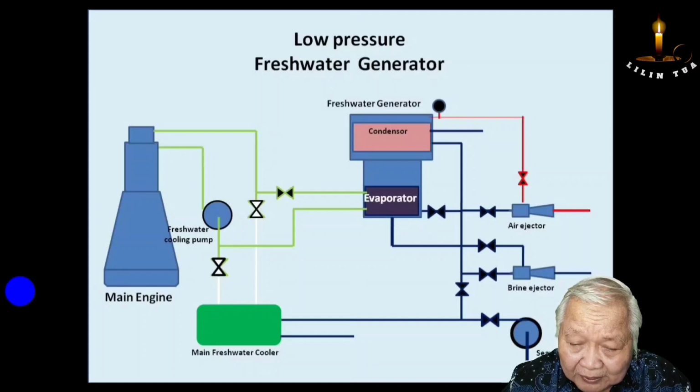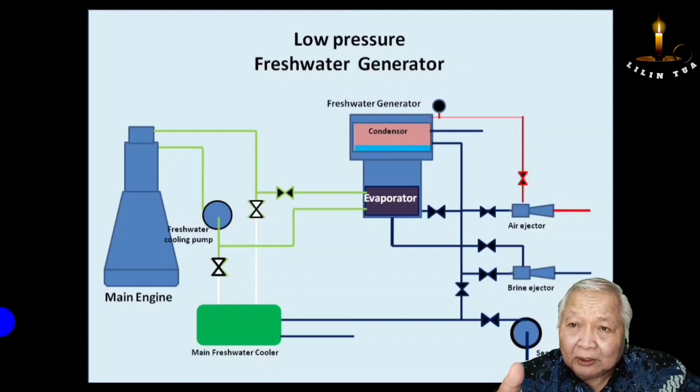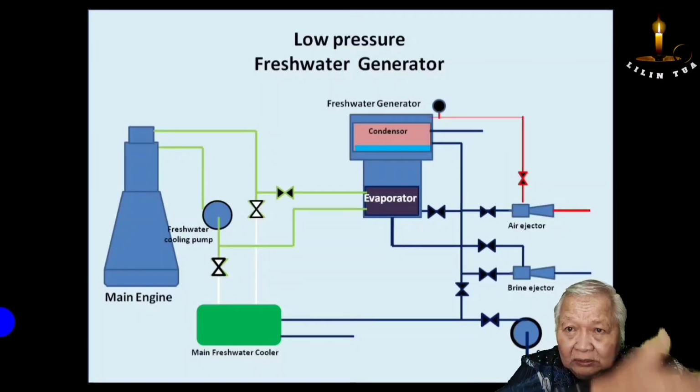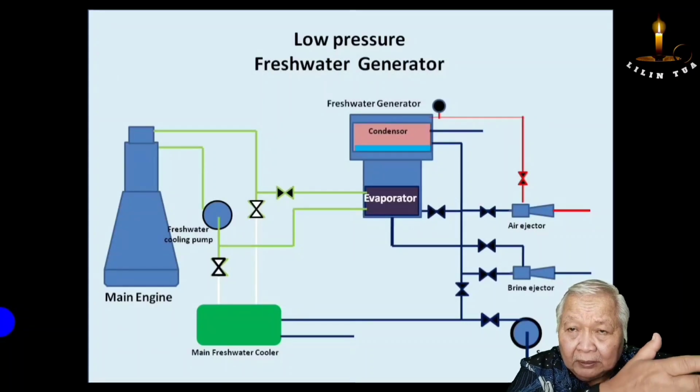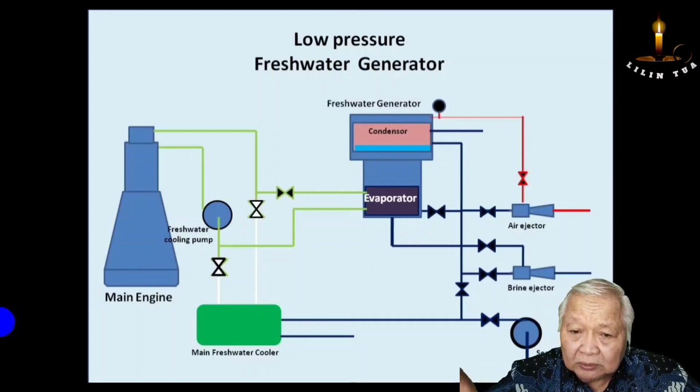And after evaporation, the steam or vapor goes to the condenser and becomes condensate. Because it is compact, not like the high pressure freshwater distiller where the evaporator and condenser are separate, the result is called condensate water.